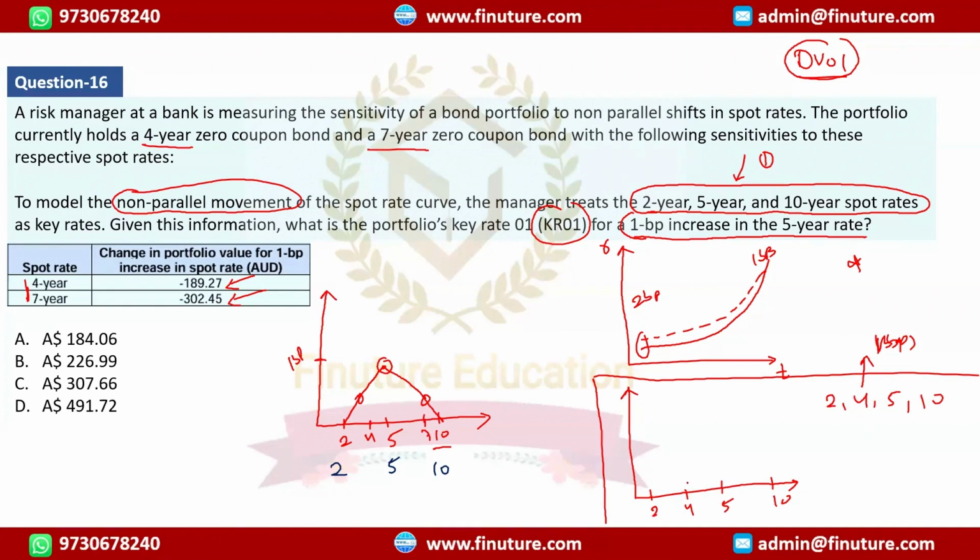Basically, the 5 should arrive at 0 at 5 only. Yes, at 5. But first of all, at which tenor has the rate changed by 1 basis point? Tell me that. I'll just help you out with a step. In this example, at which tenor has my rate increased by 1 basis point? 4.